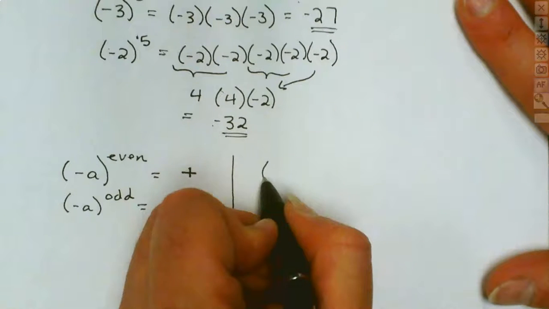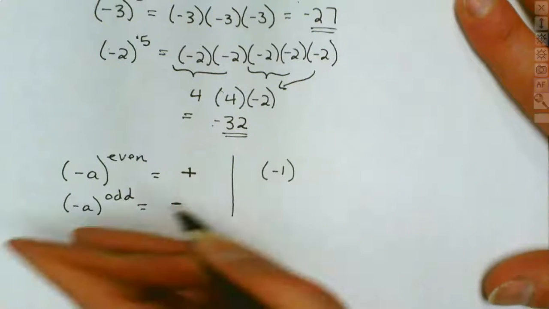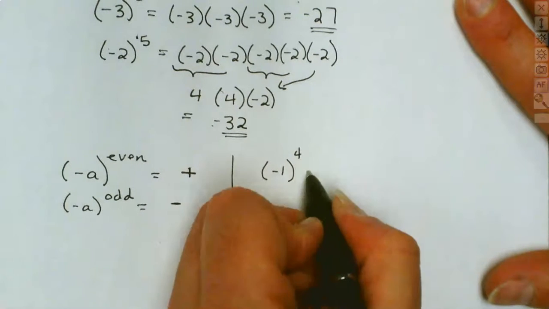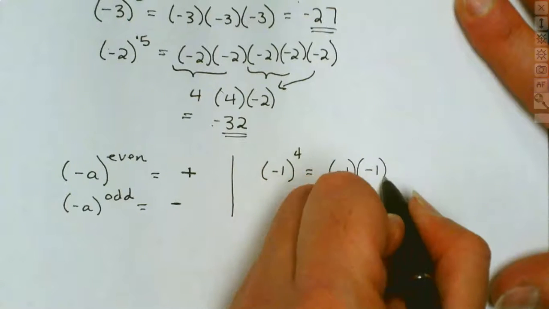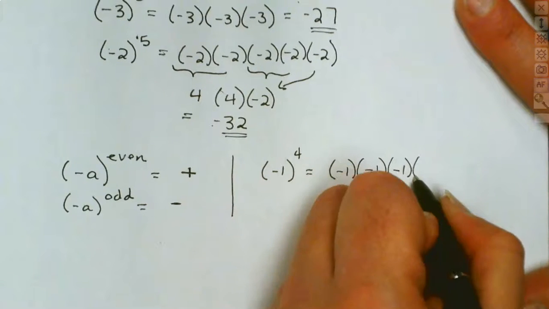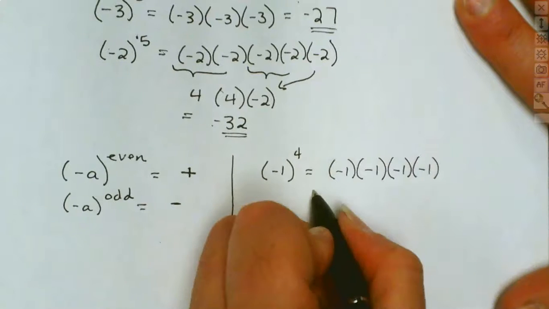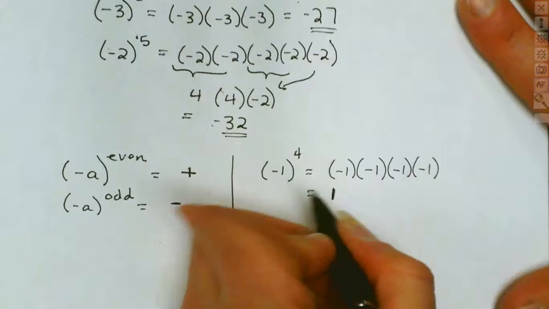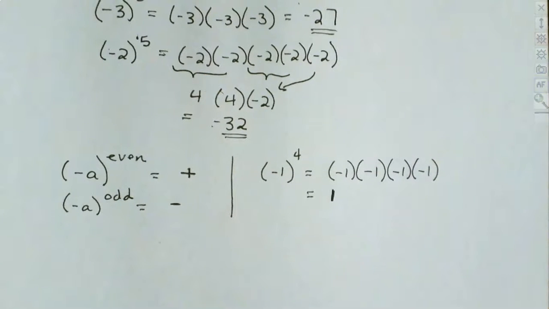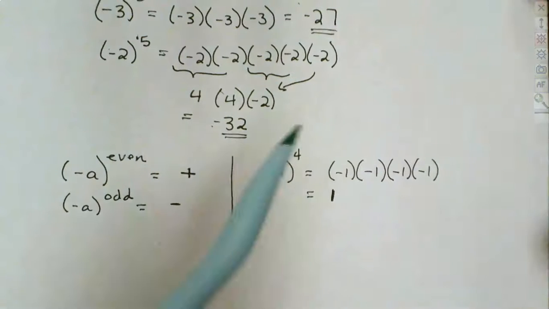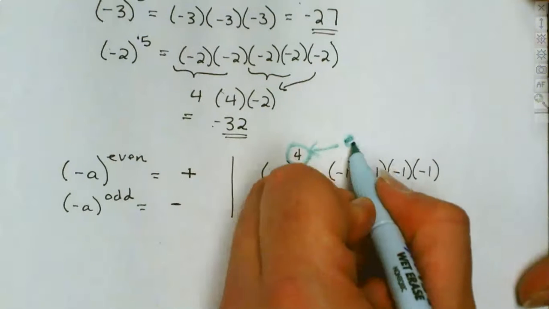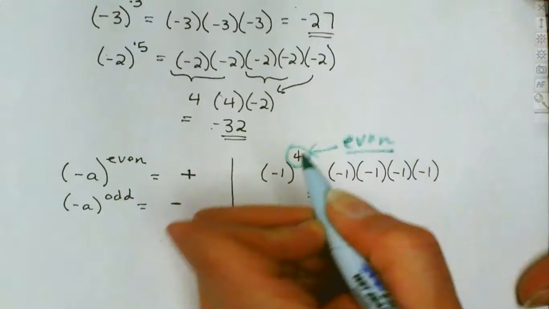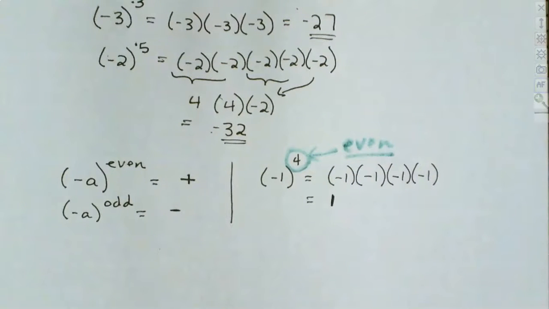Let's look at negative 1 to the fourth power. That's negative 1, negative 1, negative 1, and negative 1. So it would come out to be positive, right? And what do you notice now about 4? 4 is an even number, isn't it?